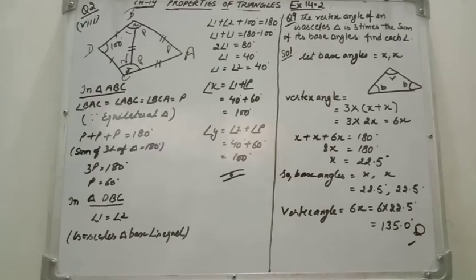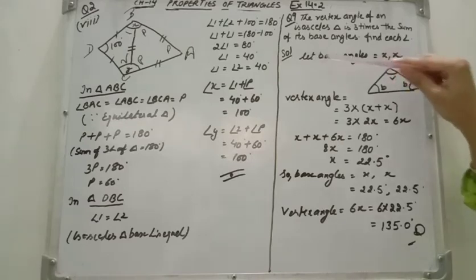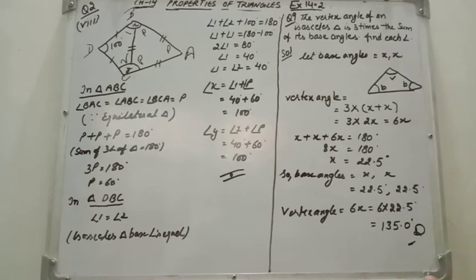Okay. In an isosceles triangle, the base angles are always equal. Already we have done that. So let the base angle be X. Now two base angles are there, so X comma X. Okay. This is also X and this is also X.